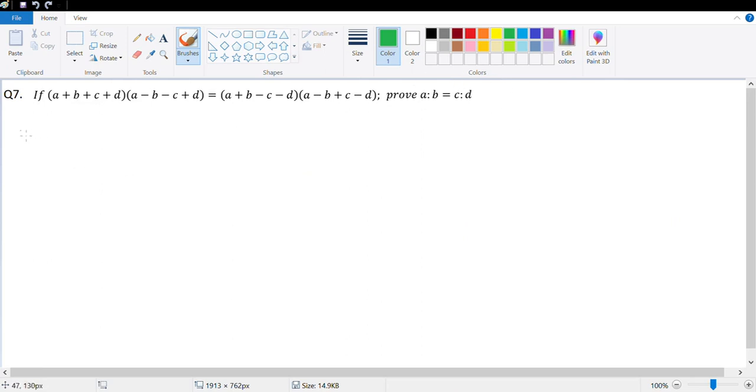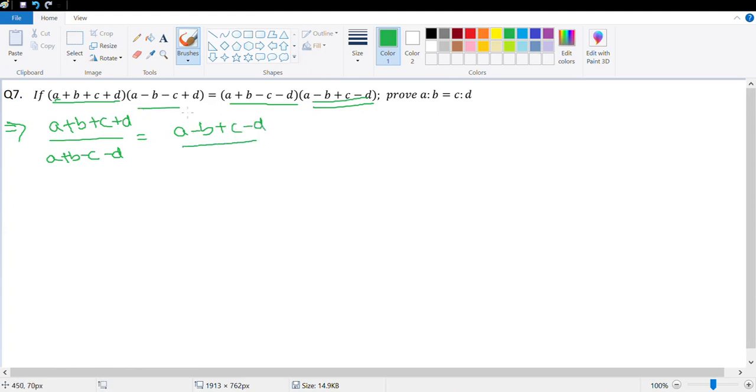So let's first write it in the fraction form, which means we will have (a + b + c + d) divided by (a + b − c − d), and on the right hand side I have (a − b + c − d) divided by (a − b − c + d).